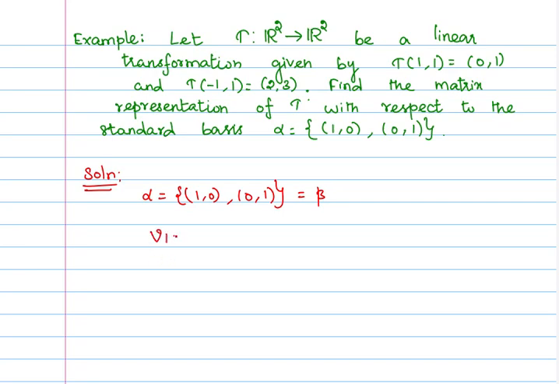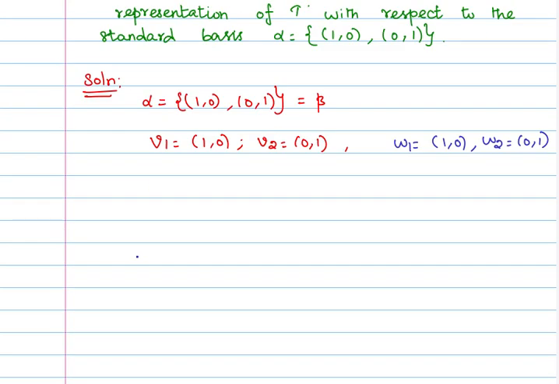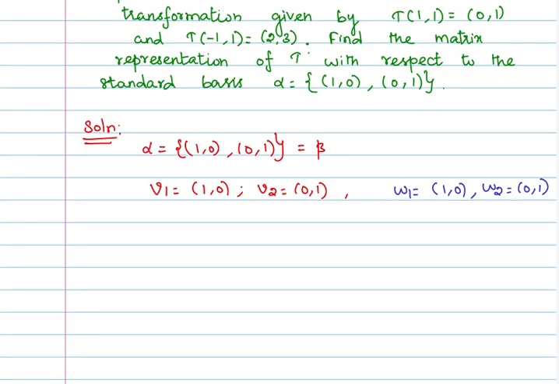So V1 is (1, 0), V2 is (0, 1), and W1 is also (1, 0), W2 is (0, 1). So first we write the domain space basis and the codomain space basis separately. Next, what they have given is T of (1, 1).